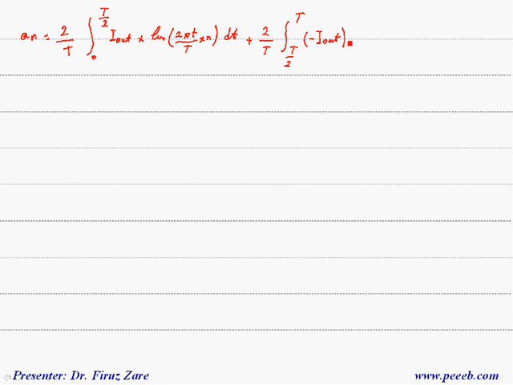That means input current is minus I out times cosine 2 pi t over T times n dt.